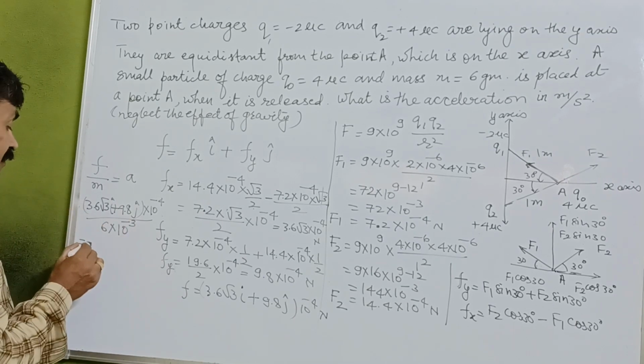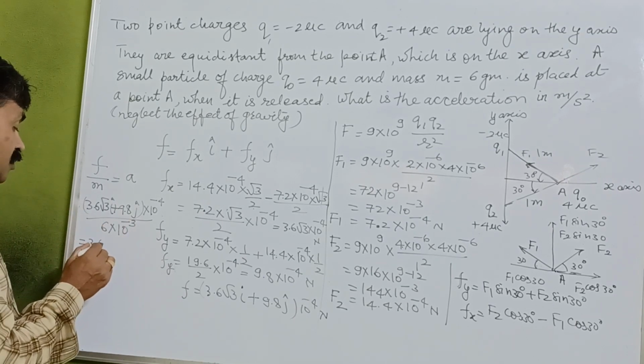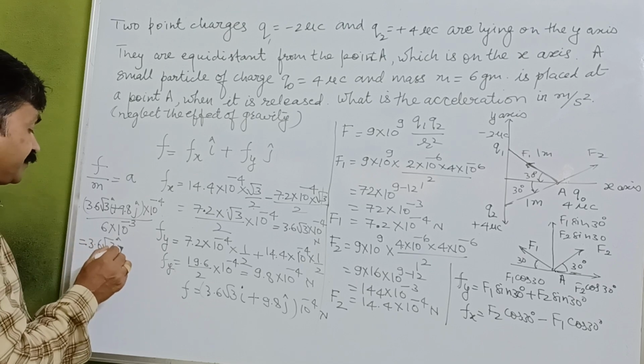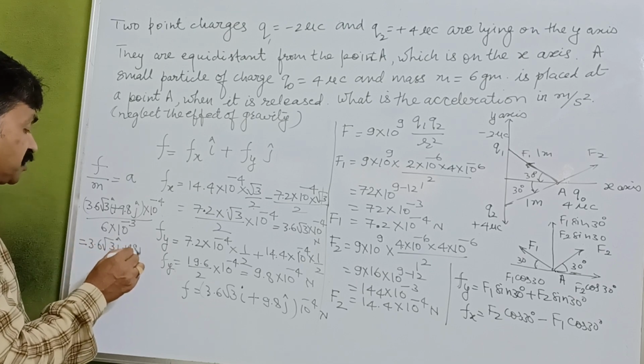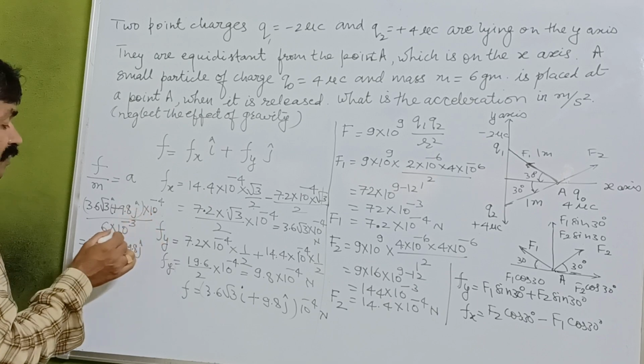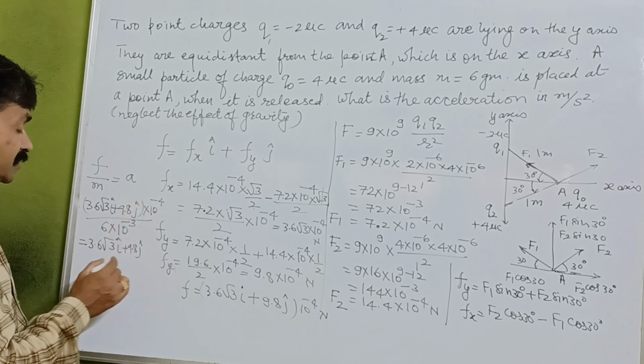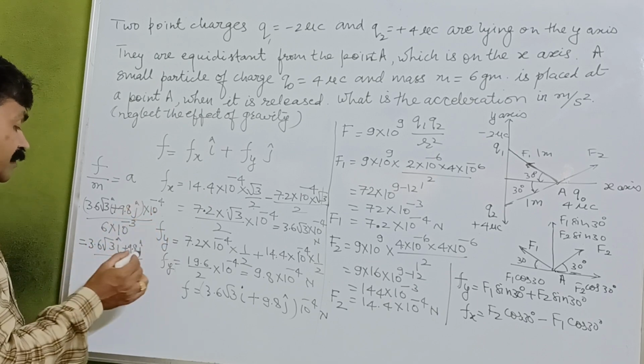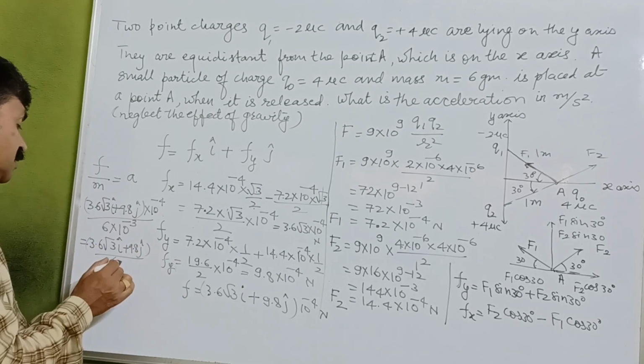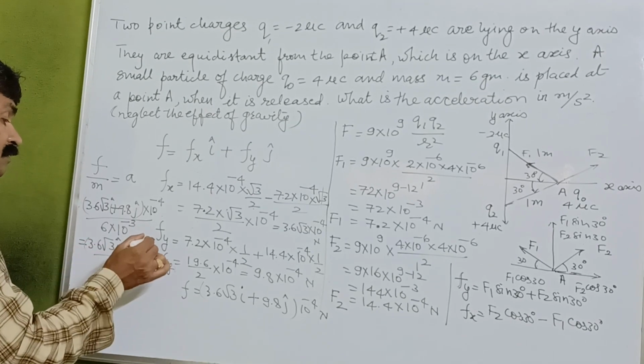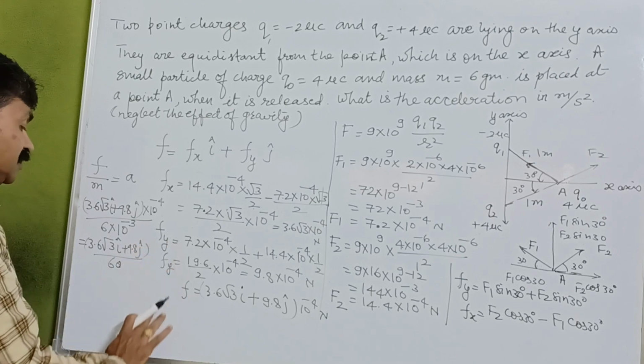Now this 10 to the minus 4 and this 10 to the minus 3, so in the denominator we can take it as 60. This is the acceleration which we have.